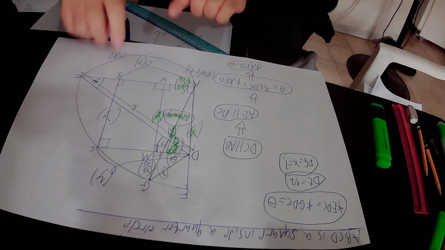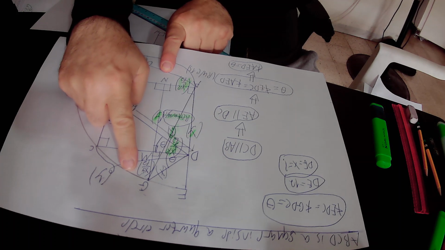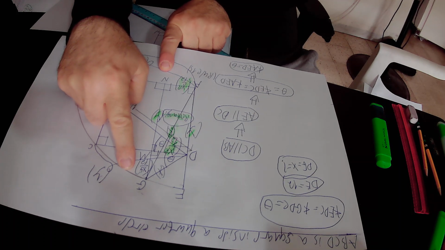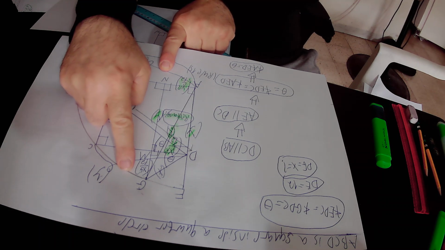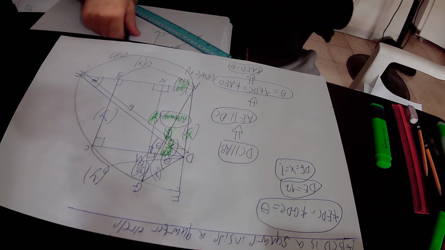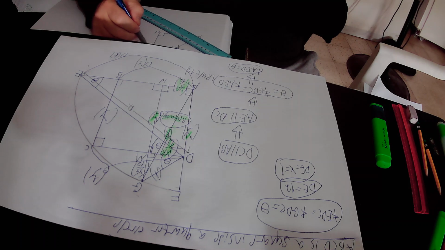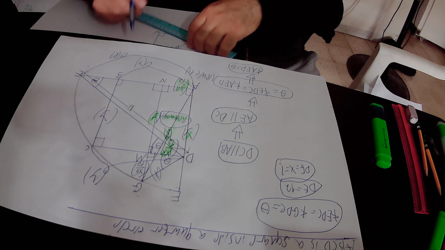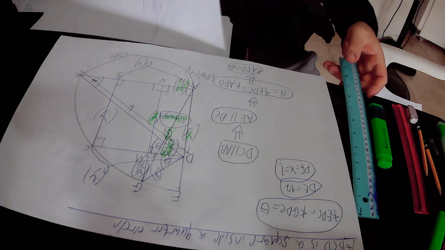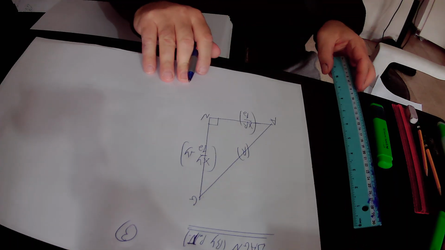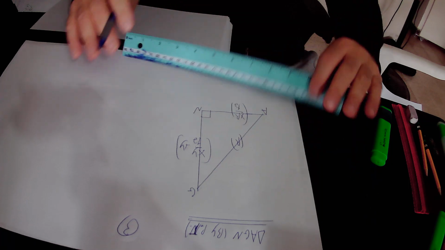And what is the length of side GN? It is very easy to see that side GN in total equals GM plus MN. That is to say, GN equals GM, that is XY over 12, plus MN, that is Y. So in total, GN equals XY over 12 plus Y. So this is right triangle AGN as I got from the original drawing.